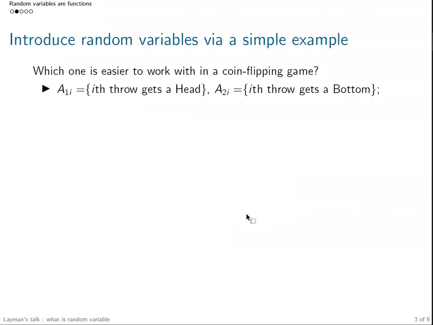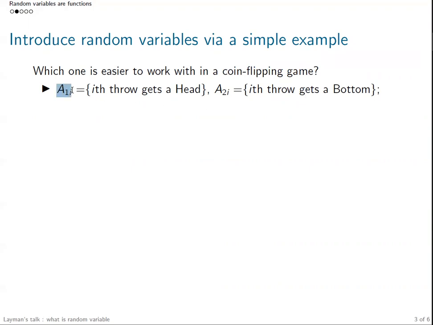We know probability values are normally assigned to random events to quantify how likely a certain event is to happen. Random events have sets of outcomes. As shown here, consider a simple exercise: throw a coin n times. We might consider the following two events.